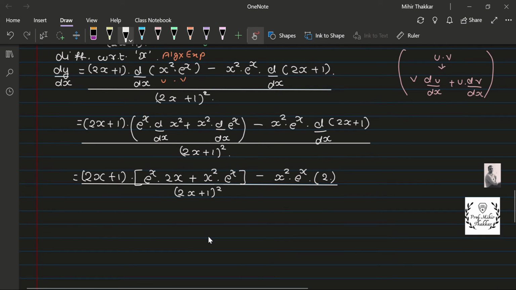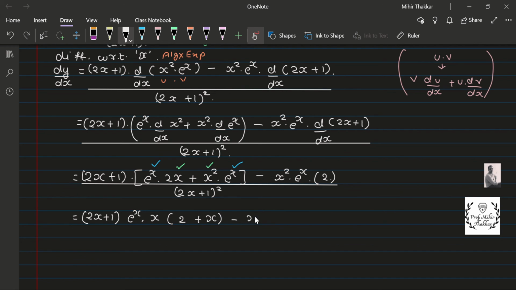So what I can do over here is now inside this bracket I can see e raised to x as a common value as well as x as a common value for these both terms. So when I take out the common value outside, 2x plus 1 e raised to x into x. So the bracket over here will have 2 plus x minus x square e raised to x into 2 and whole divided by v square.